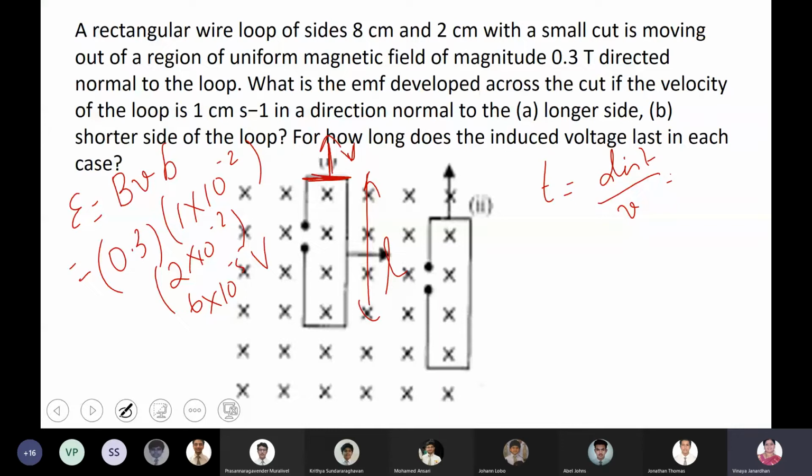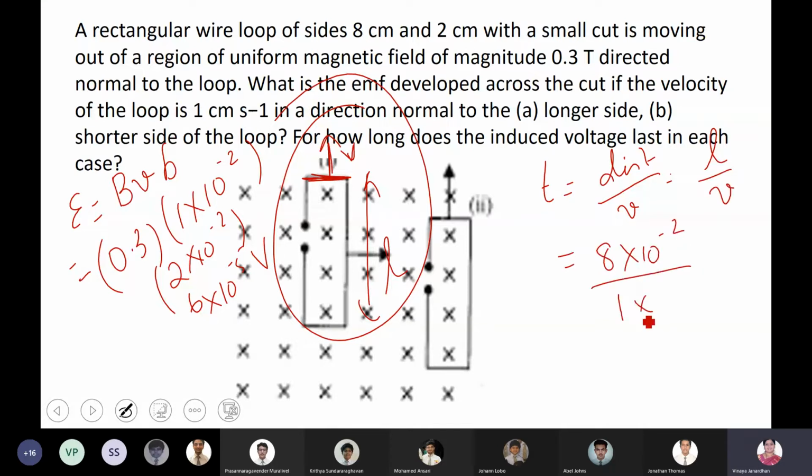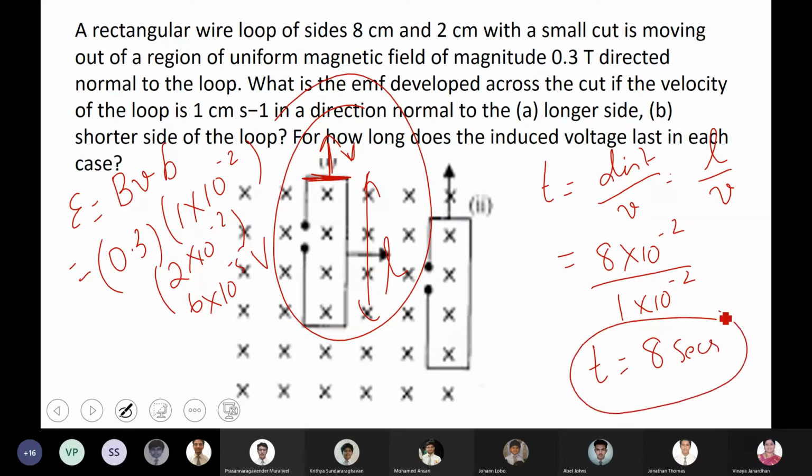For that, it has to travel a distance of L meters in this case. So time becomes L upon v. What is L? 8 into 10 to the power of minus 2. v is 1 into 10 to the power of minus 2. So here time will be 8 seconds. Ma'am, this answers the first case, A.